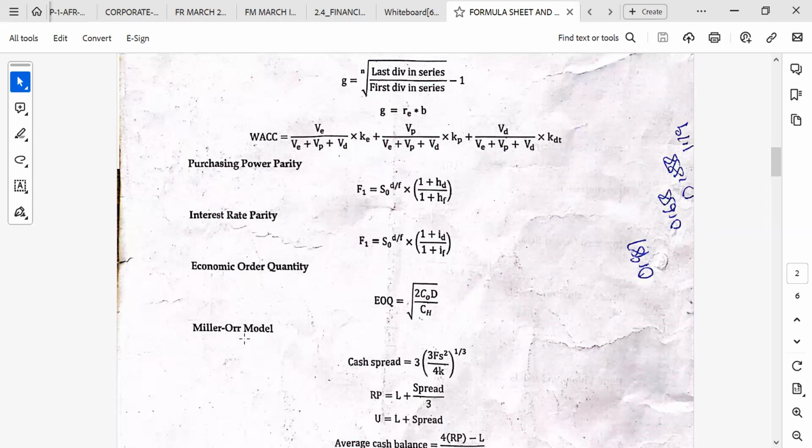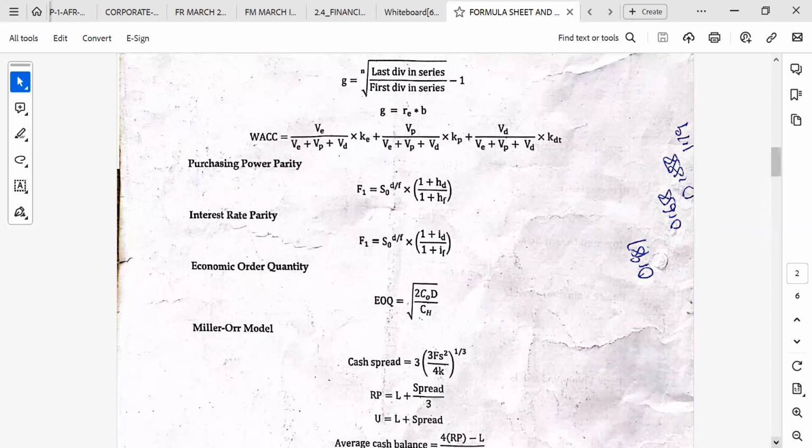If you're using the Miller-Orr model, we calculate the cash spread. This is the return point: the lower limit plus 1/3 of the spread. This is the upper limit: the lower limit plus the spread.